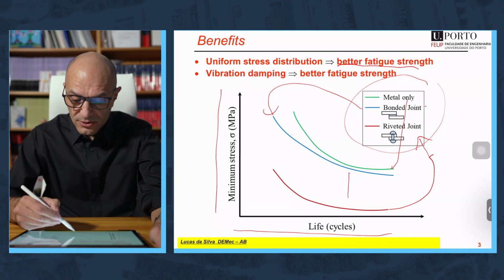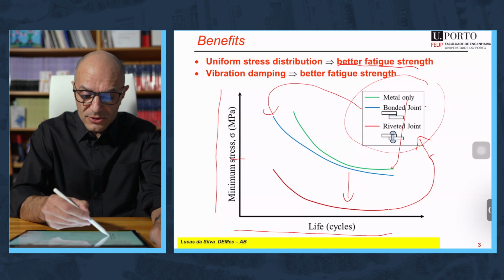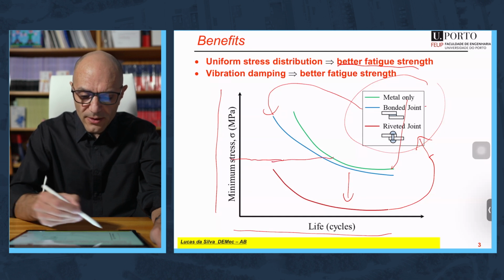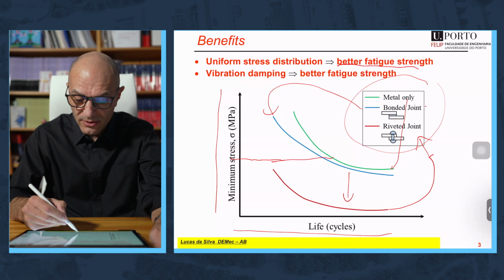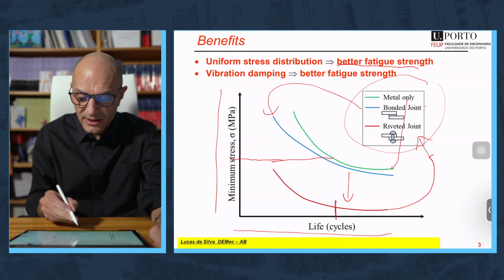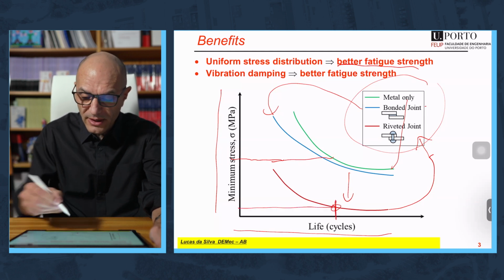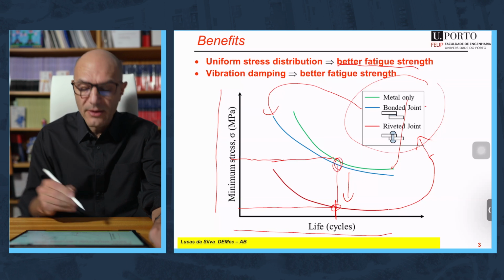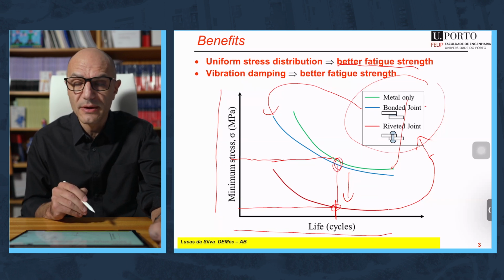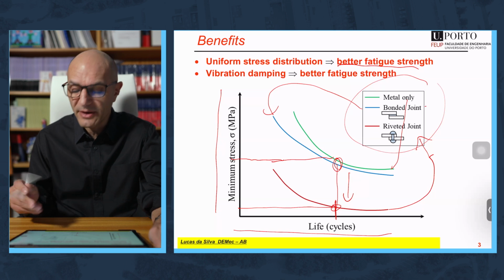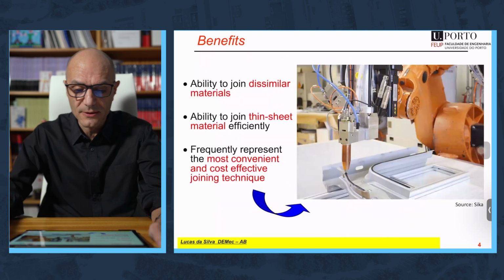Whereas the riveted joint is well below. So for the same stress applied, or for the same number of cycles that you want, the stress that you can apply for a rivet is much lower than the stress you can apply for a bonded joint, or the case where you don't have any joint. So really very impressive result.